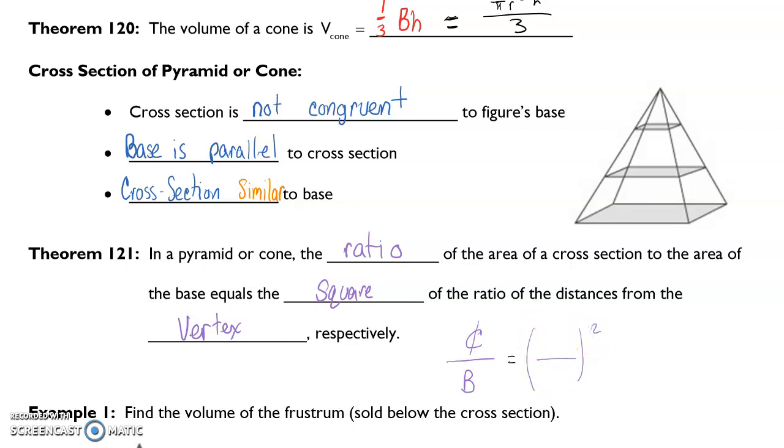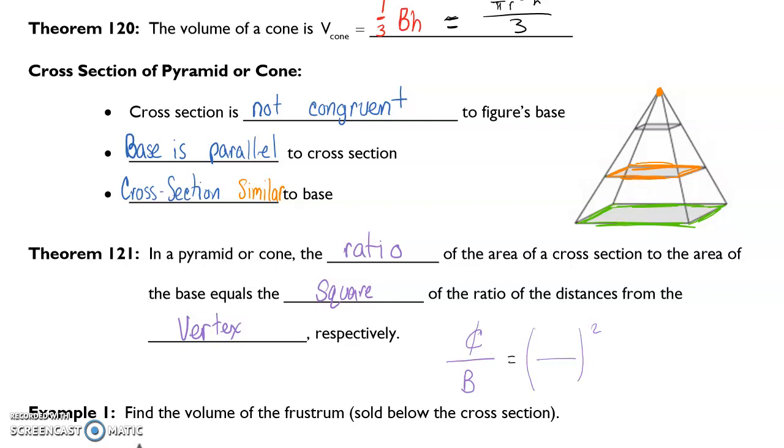Coming up with that other ratio is the one thing you have to be careful of. We're talking about altitude here. So if there's my vertex and I want to talk about this particular cross-section here compared to the base down here, altitudes are what we're using for our similarity statements.